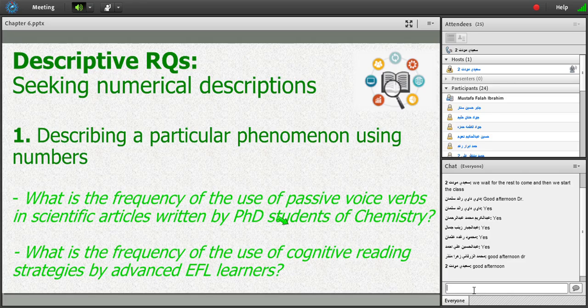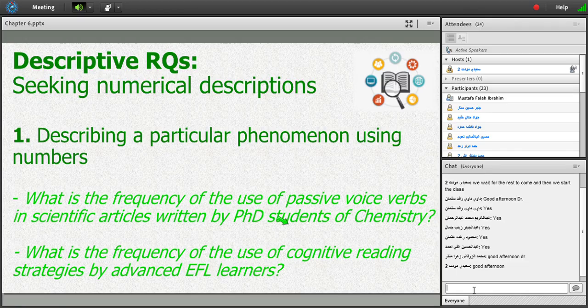This descriptive study is for my classroom, in which I have a group of students who study chemistry, for example, and they want to learn how to write articles in English. So I teach them passive voice because, for example, I see there are a lot of passive voice verbs in the articles that are published in scientific journals and written by chemistry experts.